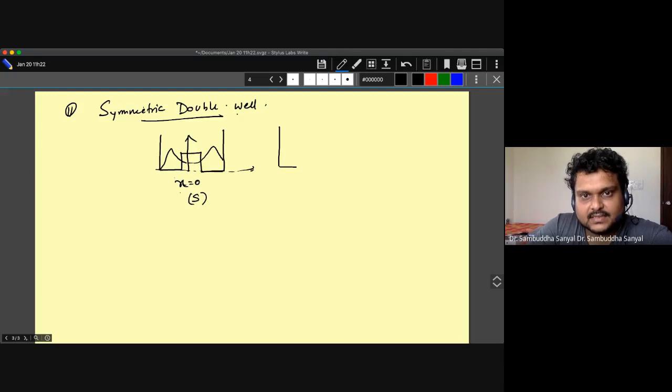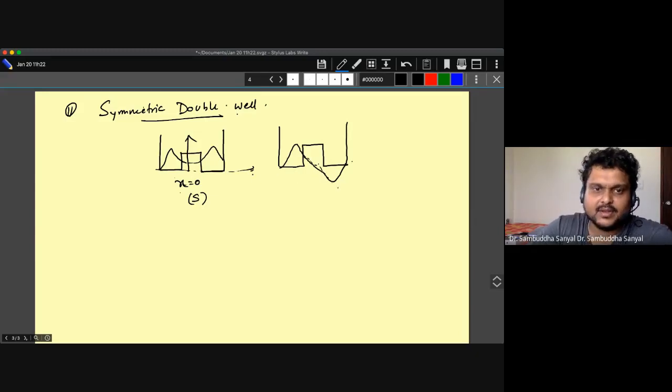Another possible eigenstate is this. You have to stitch the solution in the middle, and qualitatively you can draw that this has to be the eigenstate. We know how to do this even without solving.